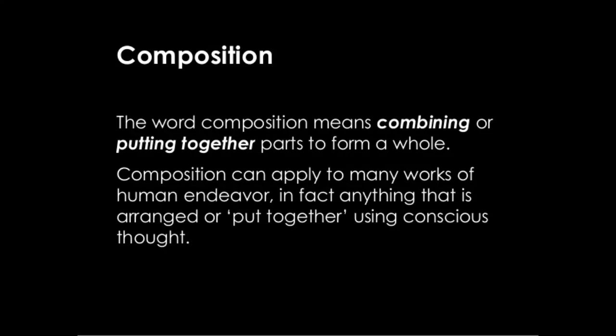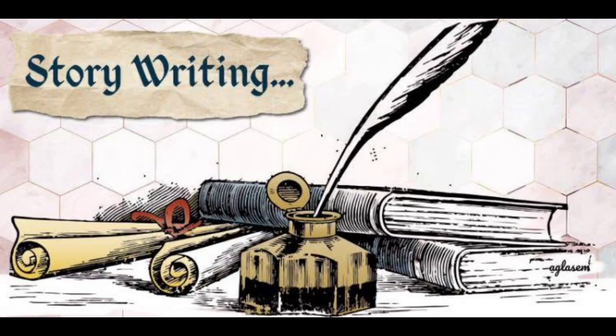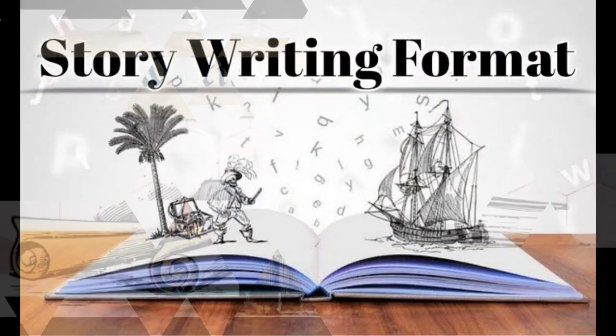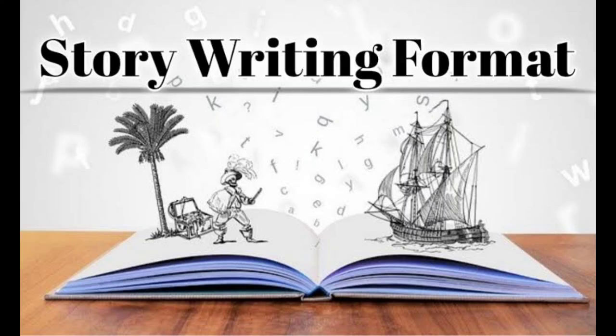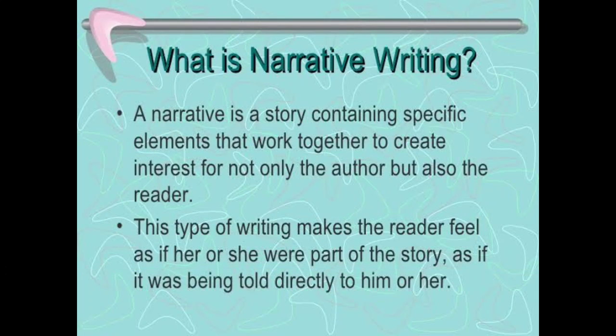So, children, in today's composition part, let's see the 9th exercise, that is story writing. Let's see the detailed study of story writing with its format and tips. First, let's see the definition. What is meant by story writing? A narrative writing, otherwise known as story writing.